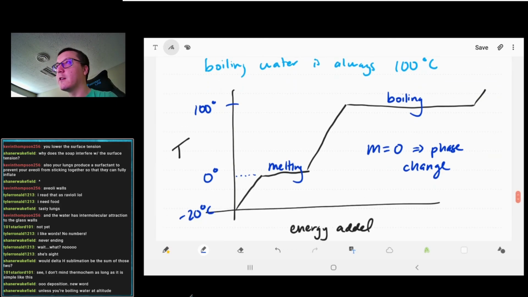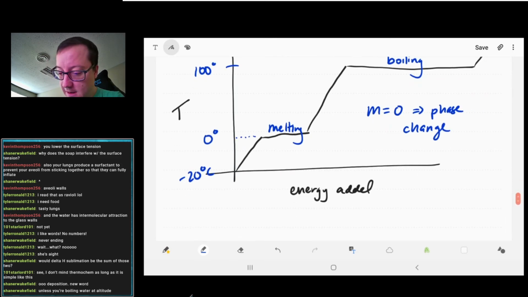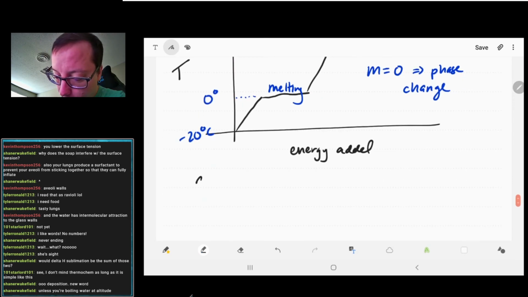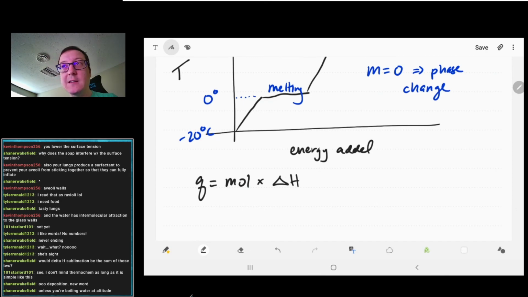Nothing's crazy here. And so we can find the energy added for these steps where m is 0 by just multiplying our moles times our delta H. Moles times kilojoules over moles will give you kilojoules, right?